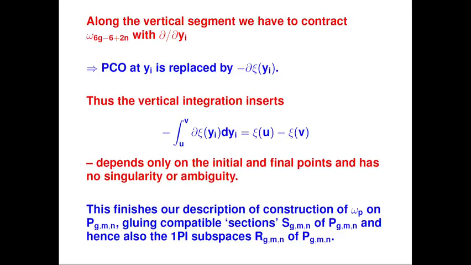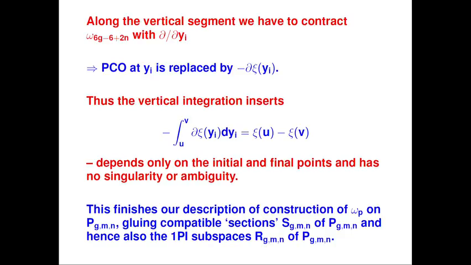But now you see that this integral is just xi of u minus xi of v. Xi is a perfectly well defined object in this problem. So, xi of u minus xi of v has a well defined correlation function.